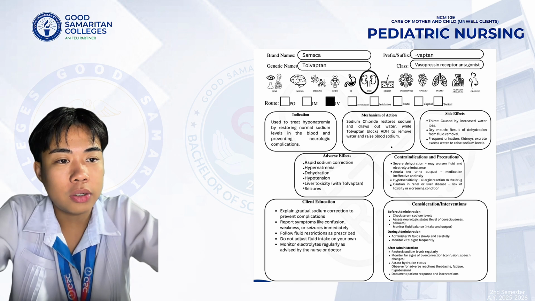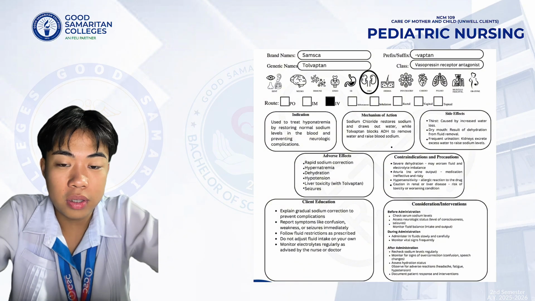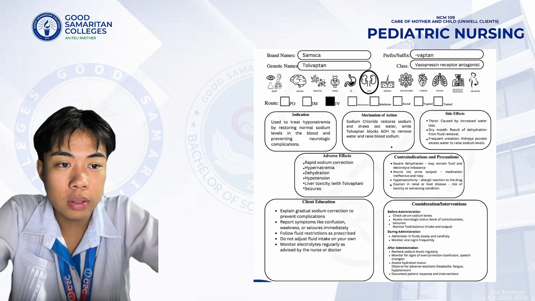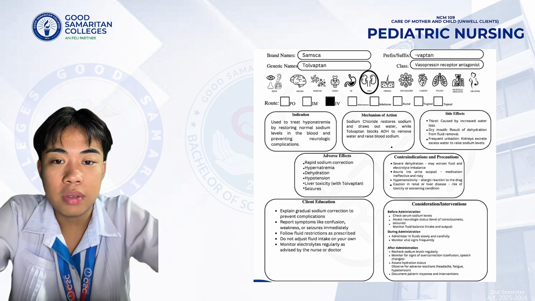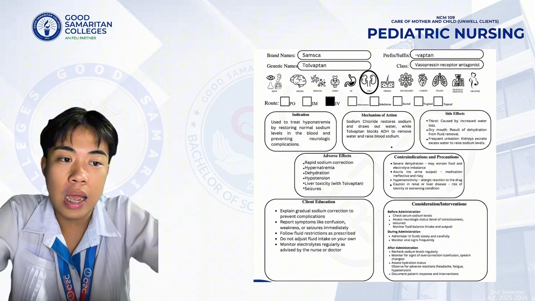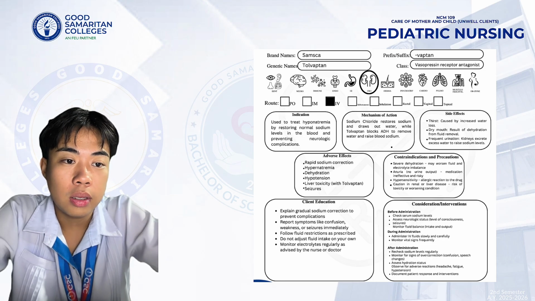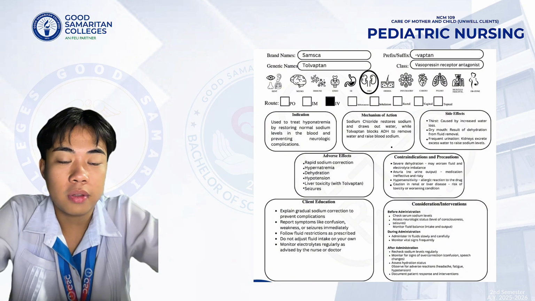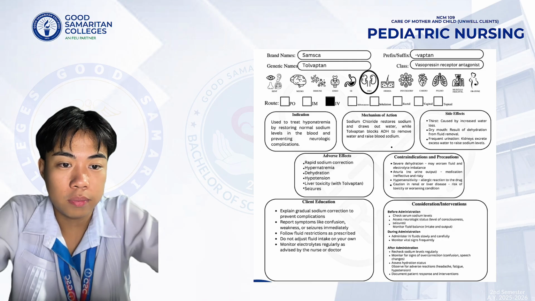And contraindications and precautions, we have your severe dehydration, which may worsen fluid and electrolyte imbalance, anuria or no urine output, where medication is ineffective and risky, hypersensitivity, an allergic reaction to the drug, and caution in renal or liver disease, risk of toxicity and worsening condition.